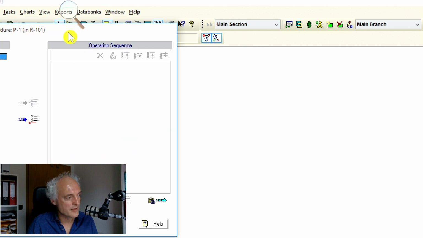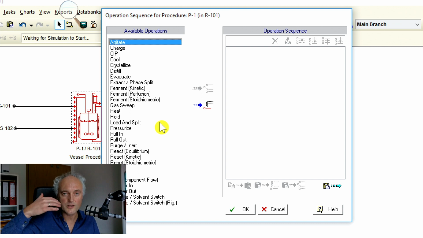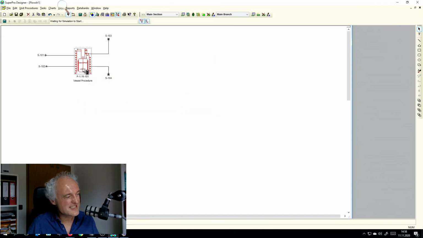And a new window opens. Here we are. There are a couple of available operations. And of course, the operations depend on what unit you choose. If you have a disk stack centrifuge, the operations will be different to the operations you have in the vessel procedure.